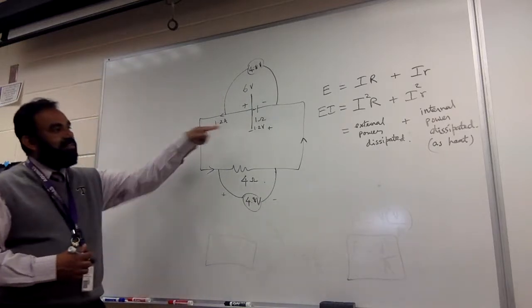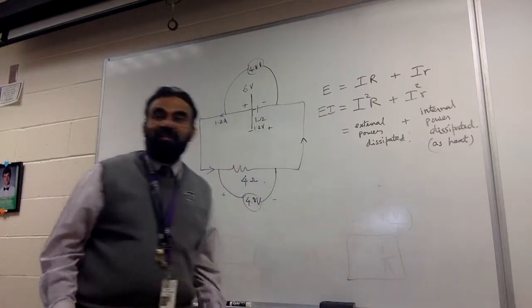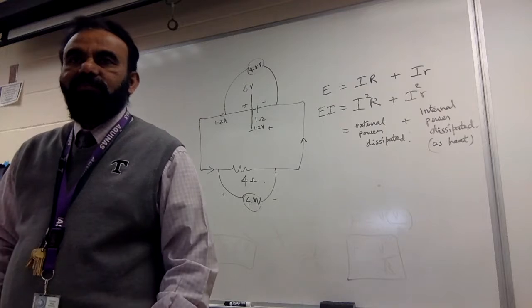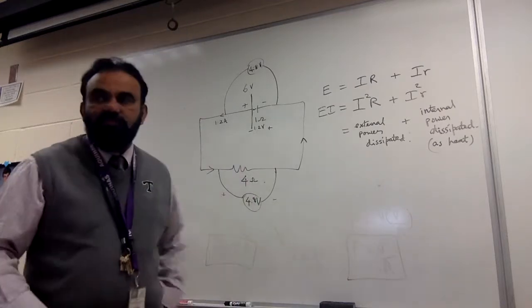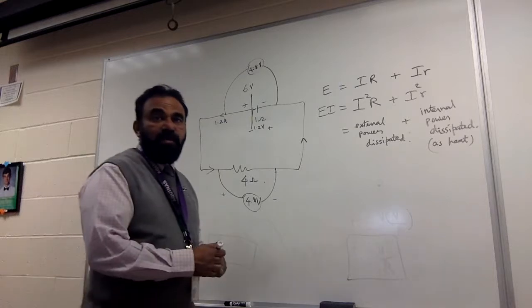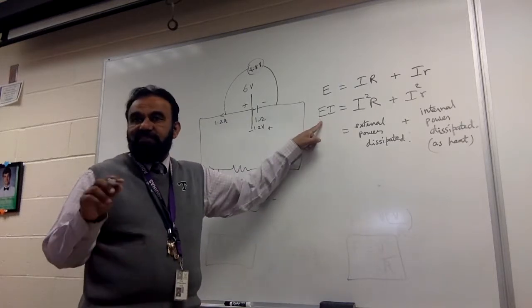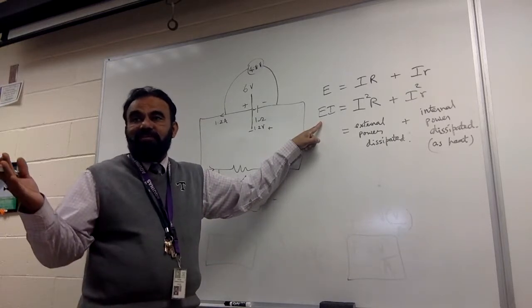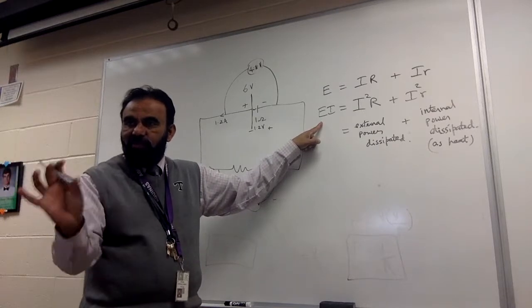Now let's take this example. Oh, by the way, what is E times I? What does it stand for? Power. It's also power. It's like VI. Can you see that? But instead of V, it is E. You know the difference between V and E now. V is only the power dissipated across 2 points.